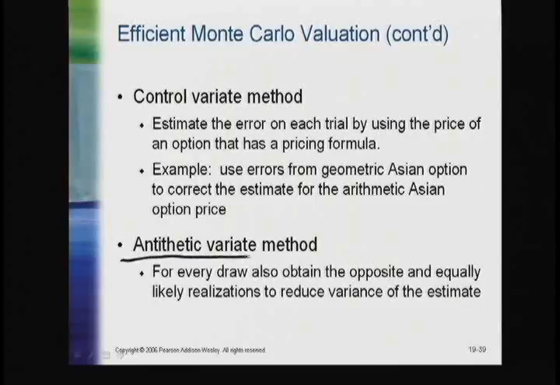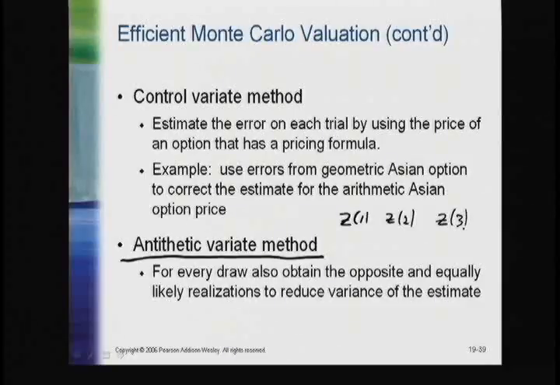Antithetic is another interesting procedure which reduces the standard error in the estimate. And the basic idea of antithetic is as follows. Imagine that we were generating either a binomial path of prices or a normal path of prices. So imagine that I generated a normal path of prices where I have Z1, Z2, Z3.